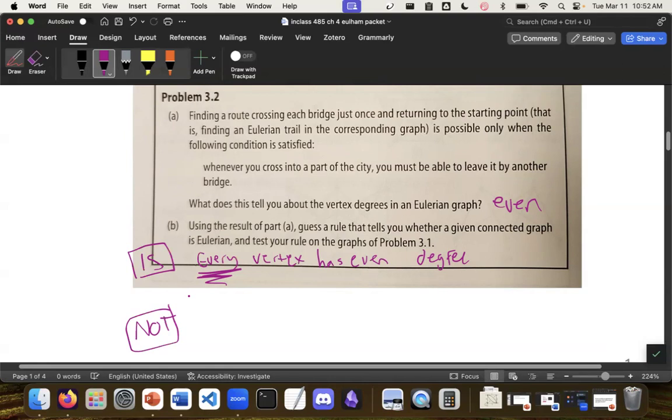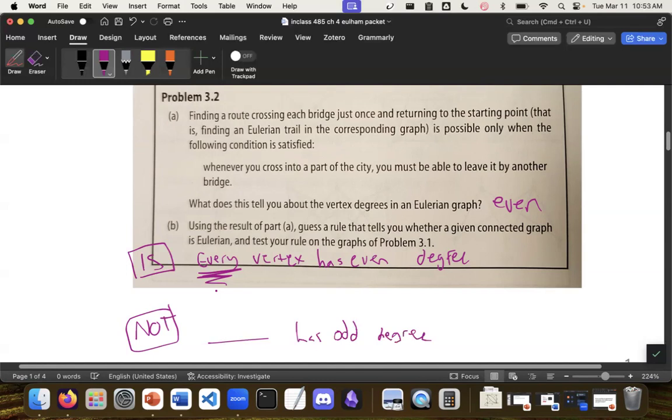Spell degree correctly. The vertex? Yeah, so the opposite of every vertex has even degree.